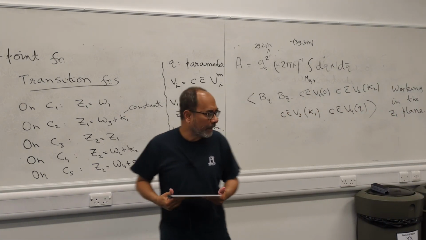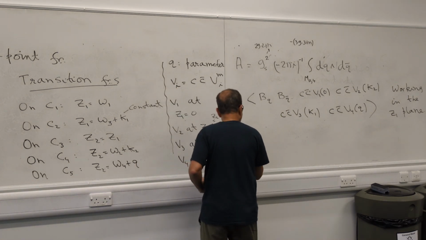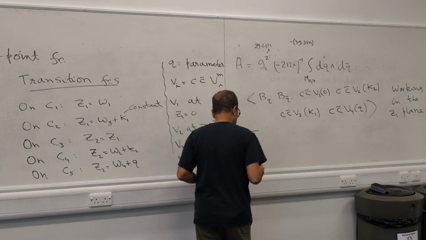Okay. So you have to figure out what the BQs are. So BQ is sum over S. Let me write the general expression first.